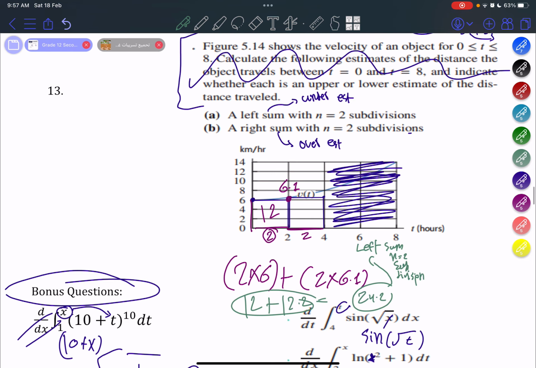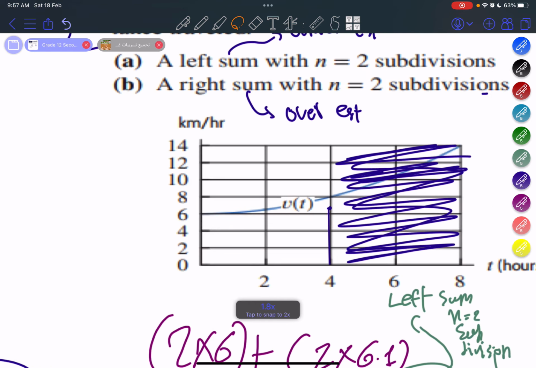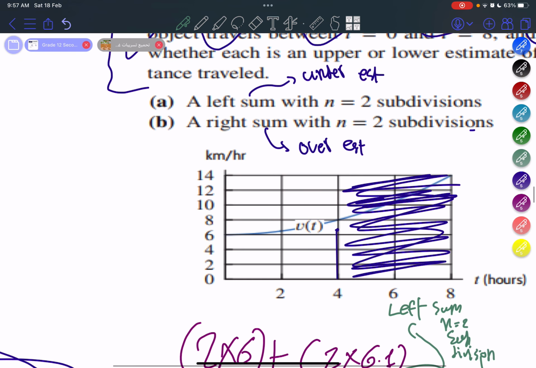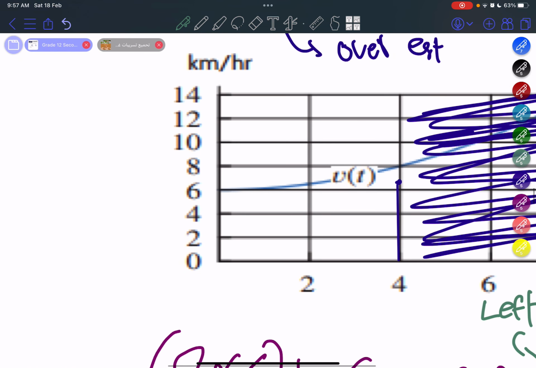Okay, now we can move on to part B, which is right sum, aka overestimate. So this one, we will not start from here because it's the left side. We'll start from here. This is the right side, and then this is our second right side. So it goes like this, down, and it goes like this, down.